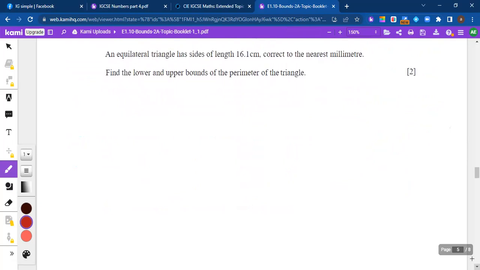Here, question 8. Take 5 minutes. So here, 16.1 centimeter to nearest millimeter, so it will be to nearest one decimal place.